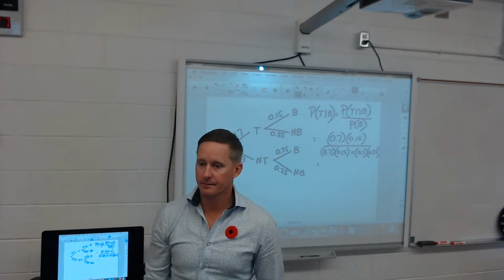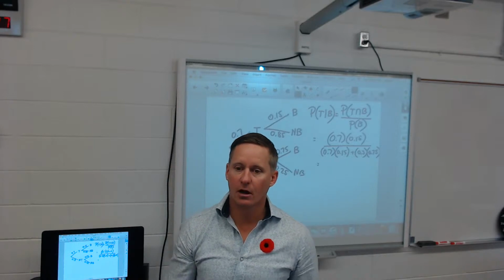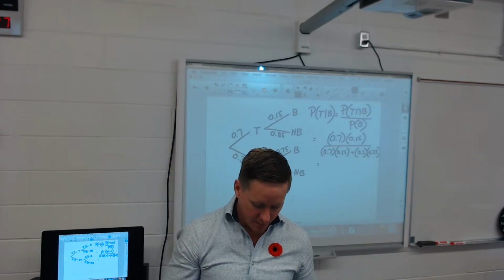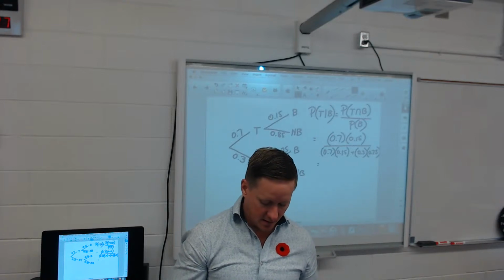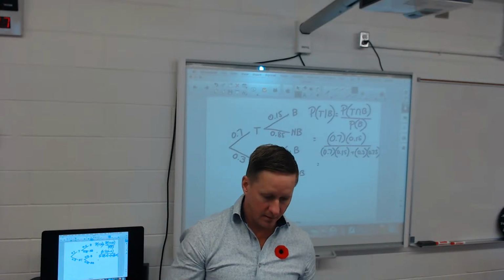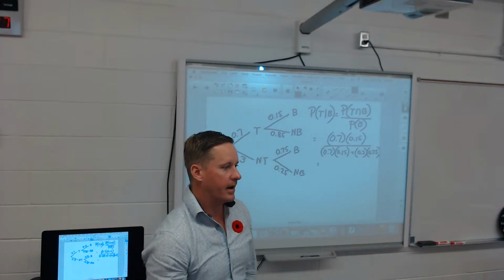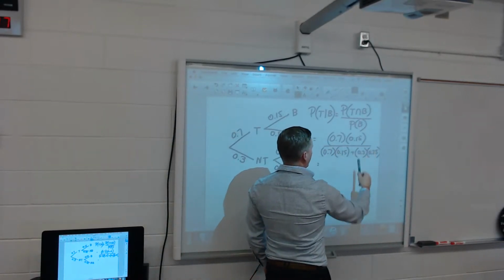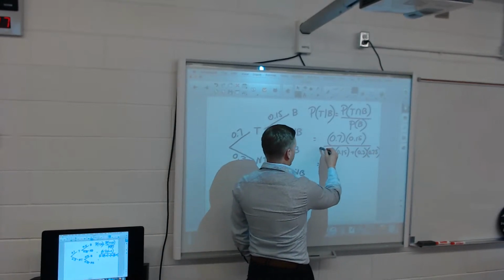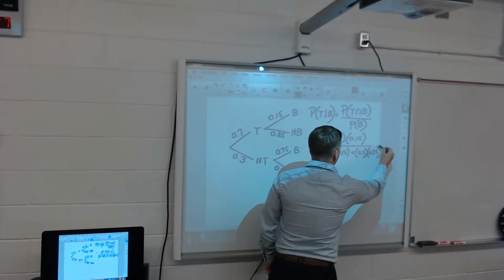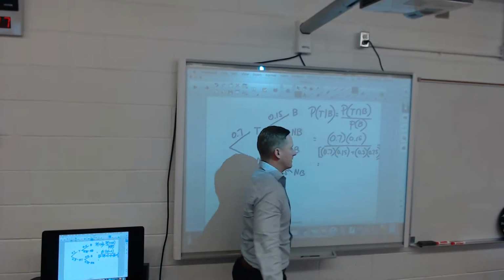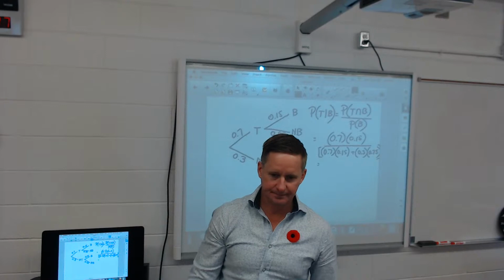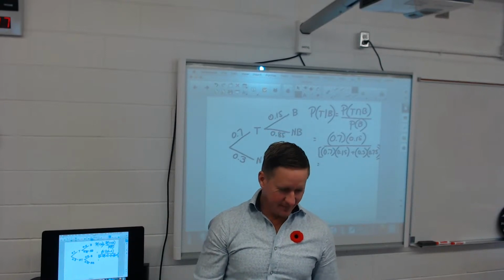Remember that. You will have an addition on the bottom. Because if you don't have the addition on the bottom and you put it on the top, it's going to cancel out and you're going to end up with a pretty skewed value. So 0.7 times 0.15, and if you're going to solve it all at once, the bottom needs a bracket for all of that. Okay?